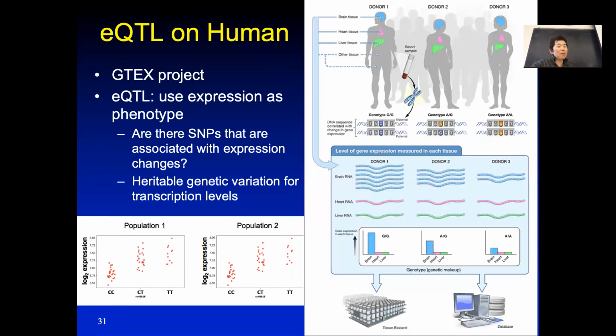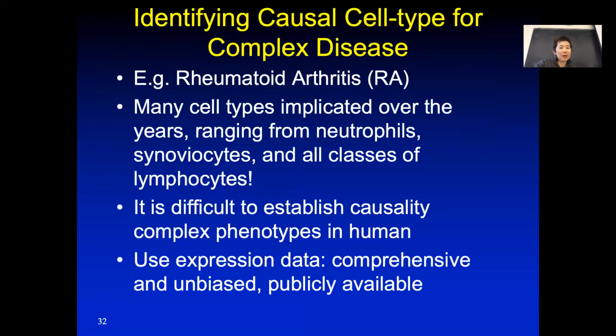Okay, and so people have been doing this. They are especially interested in the eQTLs, the SNPs that are regulating genes that are close by, say within a megabase of each other, because they think maybe this particular SNP is related to the regulation of the nearby gene. So this eQTL study has been ongoing.